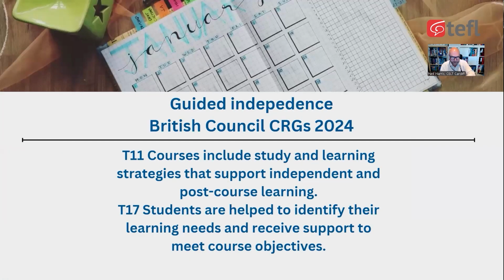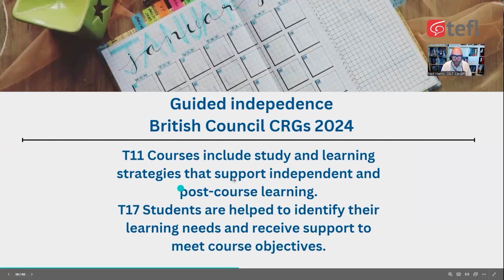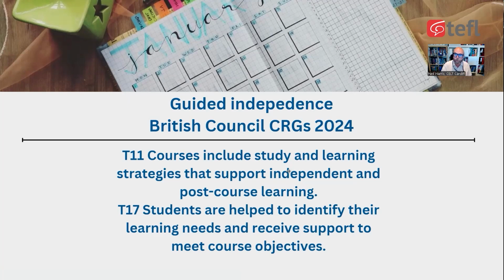But the British Council, in fact, goes further as well. It also considers some of the integration of helping students to become more independent in the way in which it measures the teaching in those schools. So courses should include study and learning strategies that support learning whilst the students are at the school, but also after they've left.